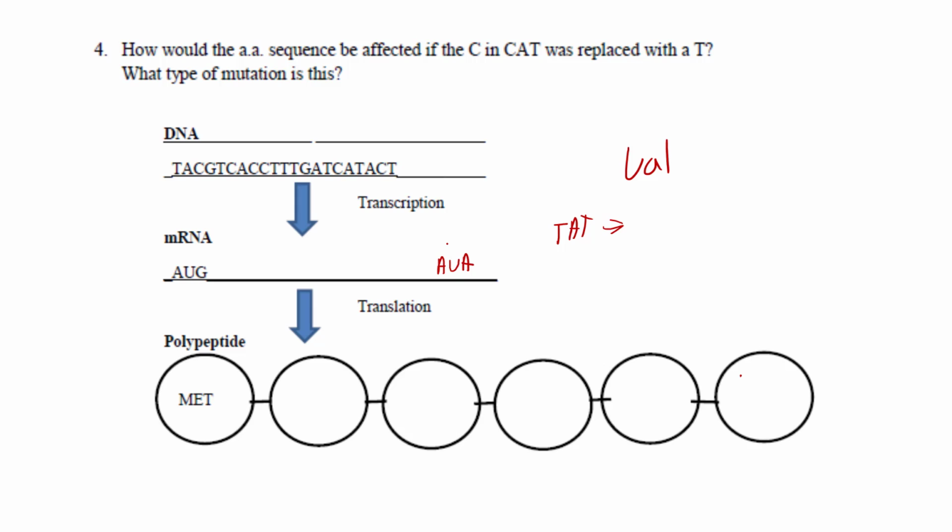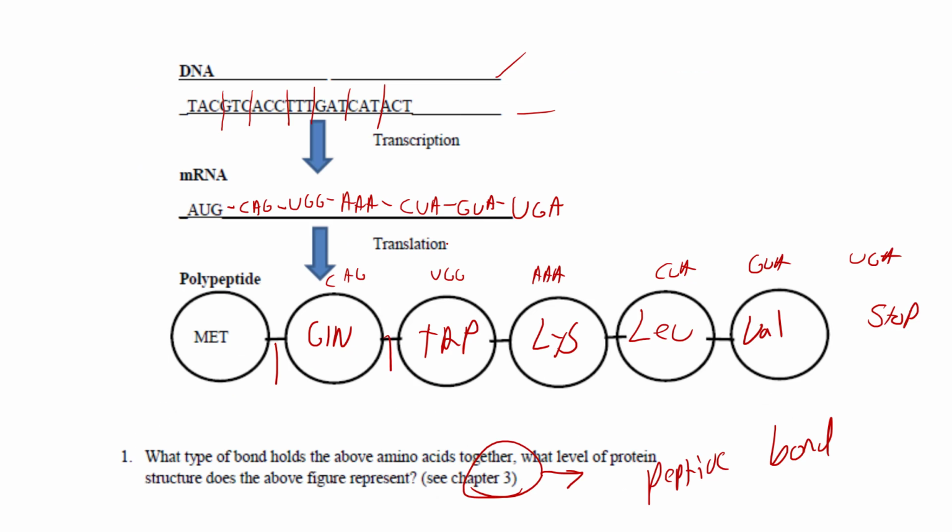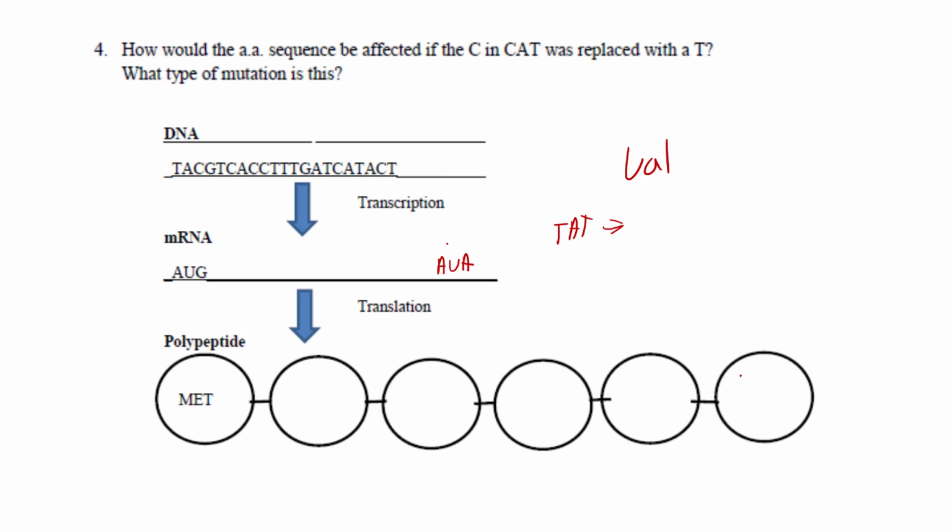I think that's right. So we have ILE now. AUA to ILE is a missense mutation. Okay, so now instead of VAL here we have ILE. So this is a missense. We've had a simple base pair substitution, and we have now a missense mutation.